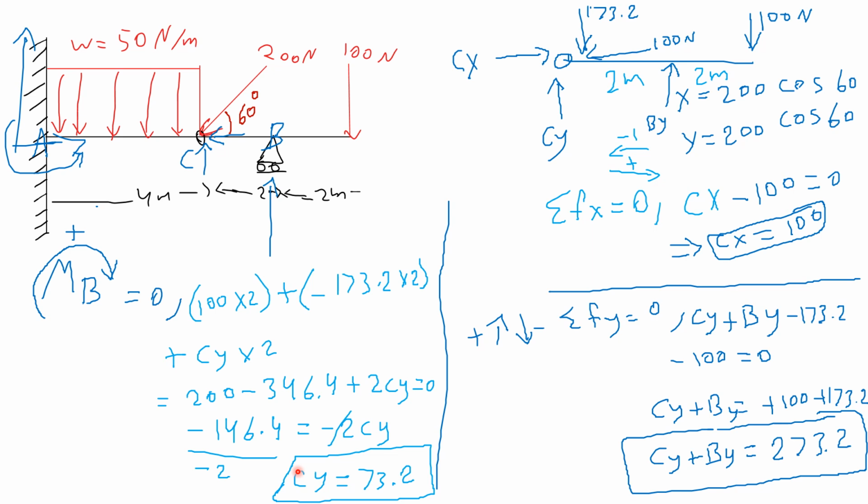So we said from this moment that the Cy is equal to 73.